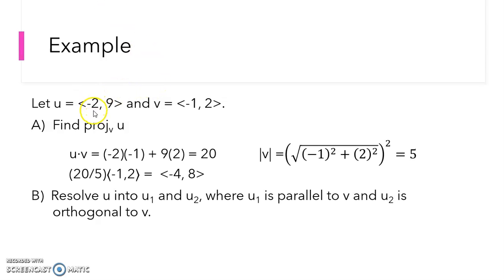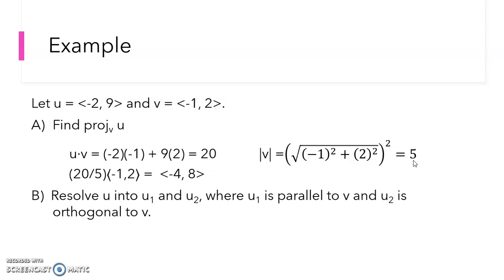For my dot product, I did -2 times -1 and 9 times 2. I got 2 plus 18 is 20. Now for the magnitude of v, I did -1 squared plus 2 squared and the square root of that. That comes out to be the square root of 5, but I need to square that, and the square root of 5 squared is just plain old 5.